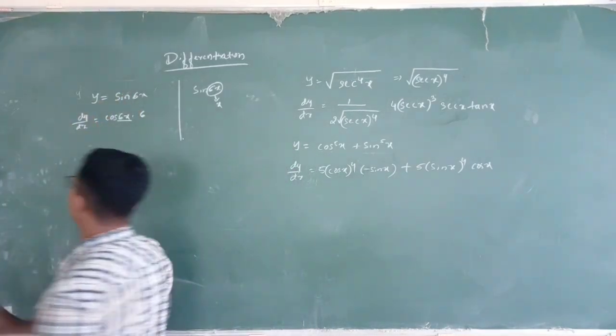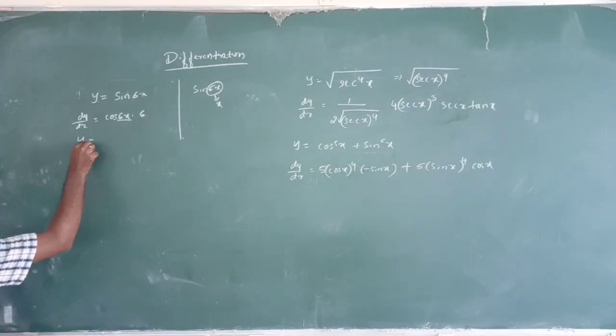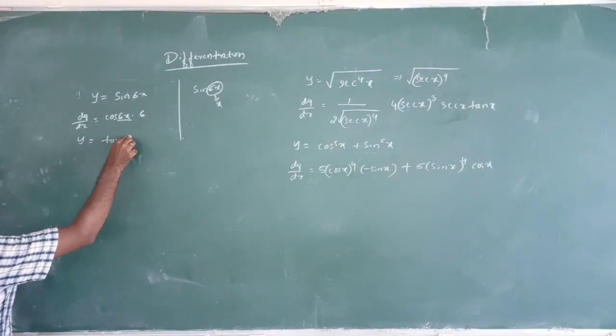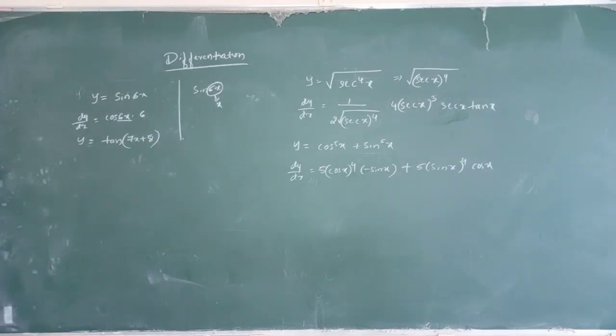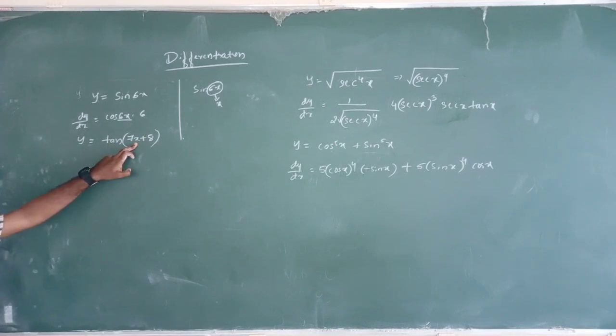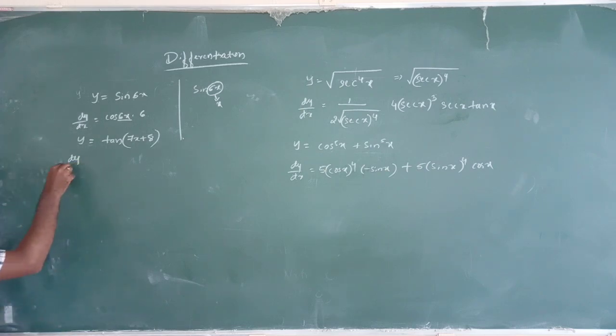Getting? One more example I will take. So look here, y equal to tan 7x plus 8. Now the trigonometric function you have learned, tan of x. Look here, first that is tan of x, so differentiation dy by dx. What is the differentiation of tan of x?